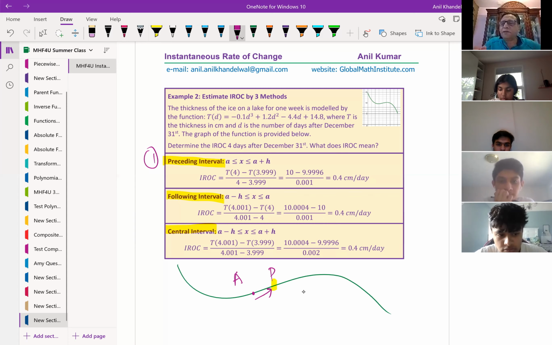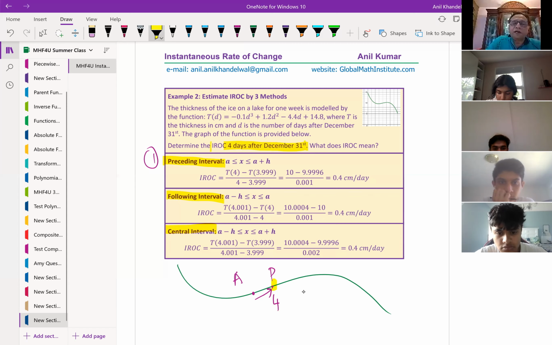So you'll make a table just as we made a table earlier. However, you're going to approach from here. We want to be at 4, right? Our case is at x equals 4, correct? Since we are saying 4 days after 31st December, and this equation is from 31st December, the independent variable, number of days, is 4 for us.